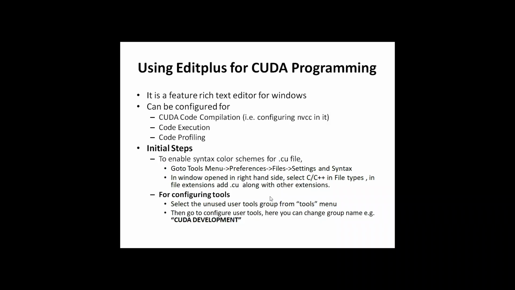Now we can use the tool Edit Plus to configure different commands like the NVCC compiler, code execution, or nvprof. Basically, Edit Plus is a feature-rich text editor for Windows.